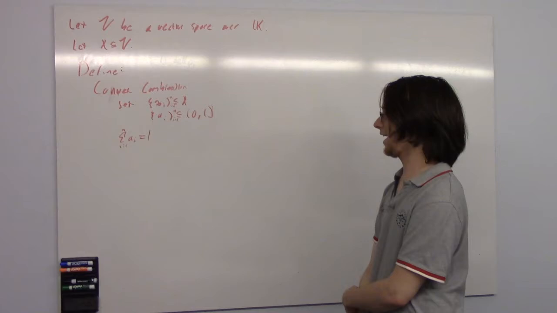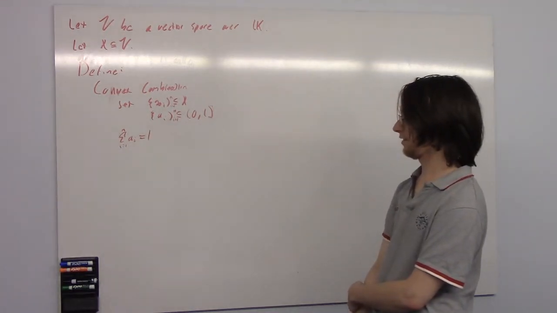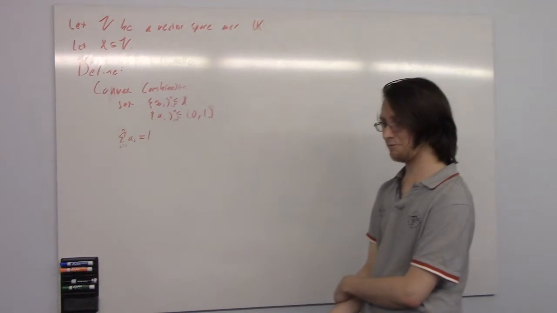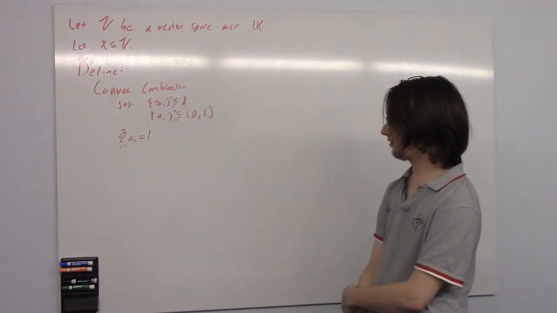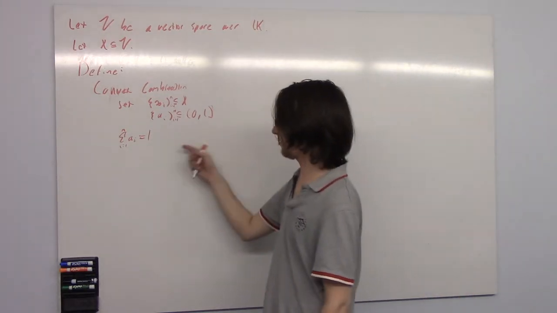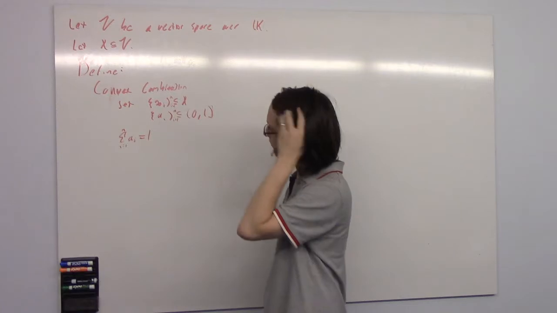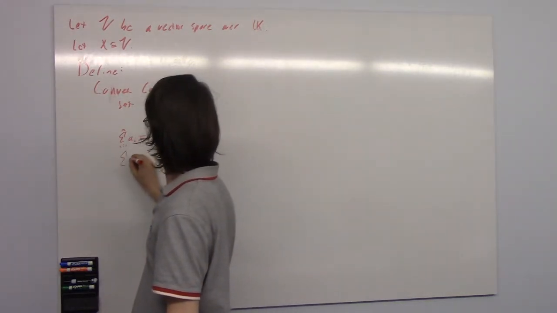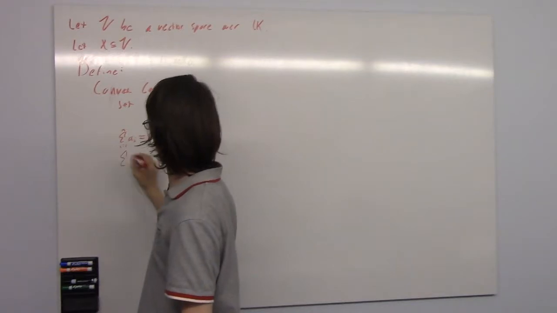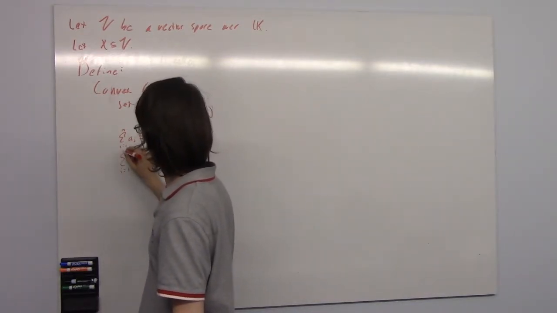So we know n has to be greater than 0, and we know if 1 occurs, then n equals 1. The convex combination is the sum of a_i x_i, i equal 1 to n.